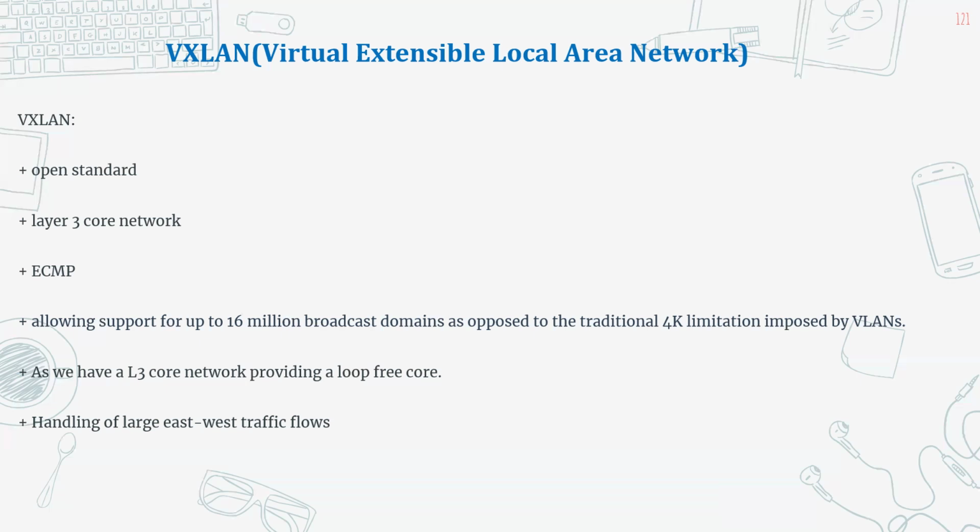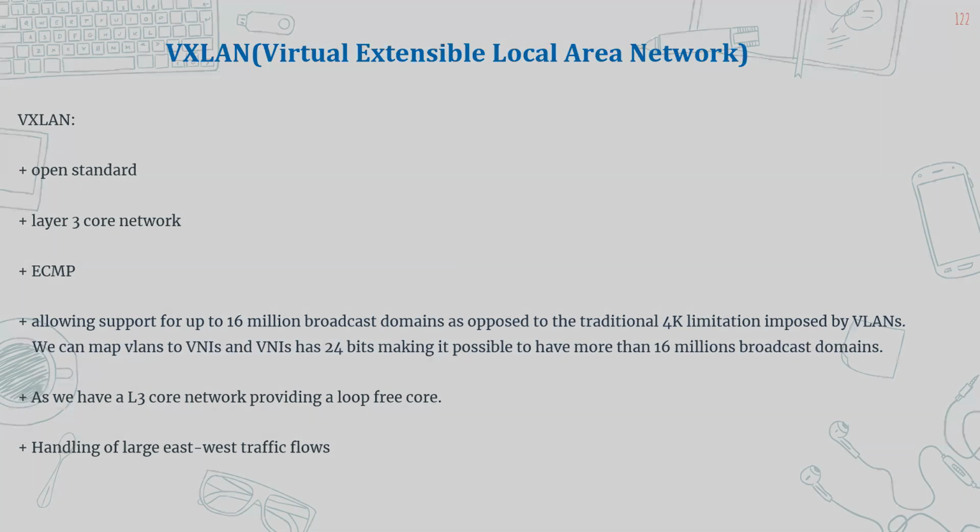Even if you're accessing any website, say Facebook or Twitter, in the background there is a lot of east-west communication going on between your app and database servers. So to cater to those heavy traffic flows, VXLAN comes into the picture.